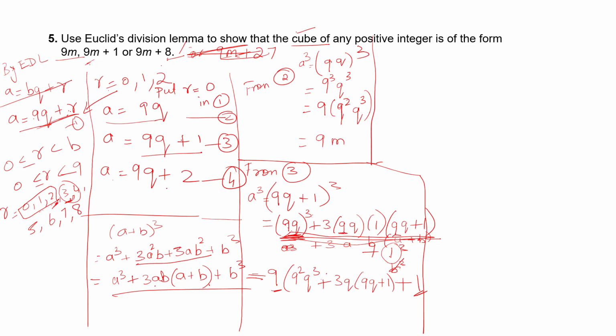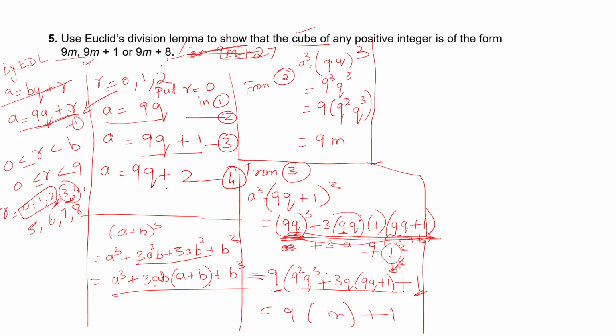One 9 I have taken from here. What is left out? 3q into (9q plus 1). So all this I have kept inside. That's it. Don't expand, please. Okay. So whatever be the inside, we will name it as m. Done. 9m plus 1. Then okay.